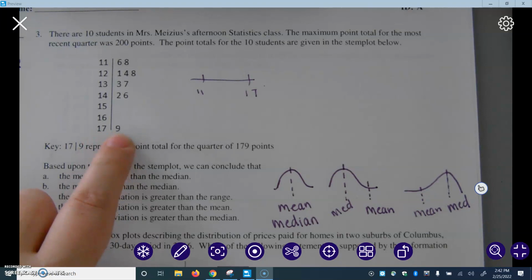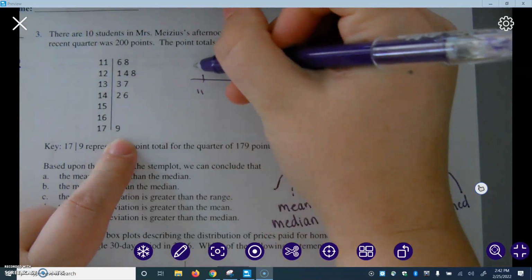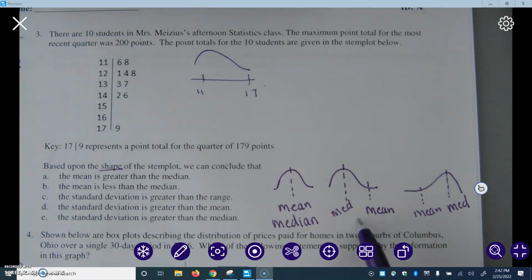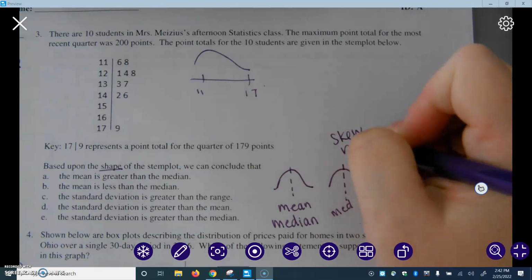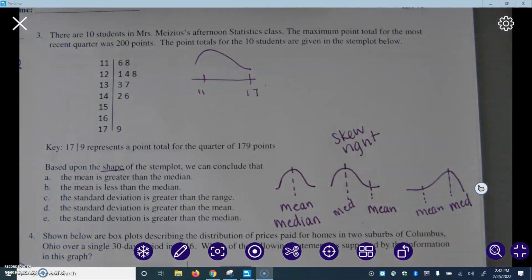So 179 is probably an outlier. Most of my data is up here. So this is probably a little bit skewed to the right. So if you need to adjust your answer, I'll let you pick a new answer.